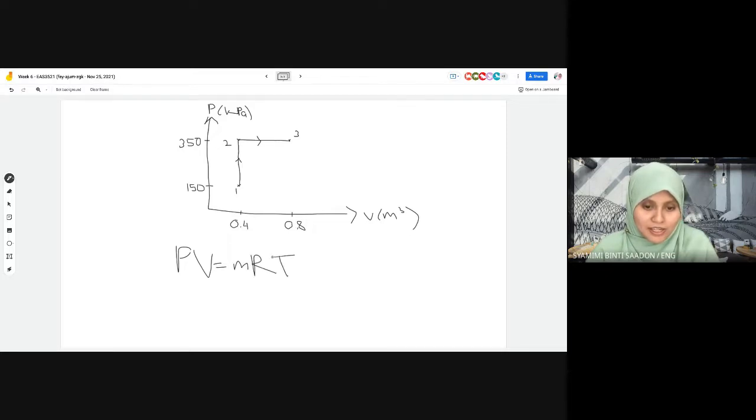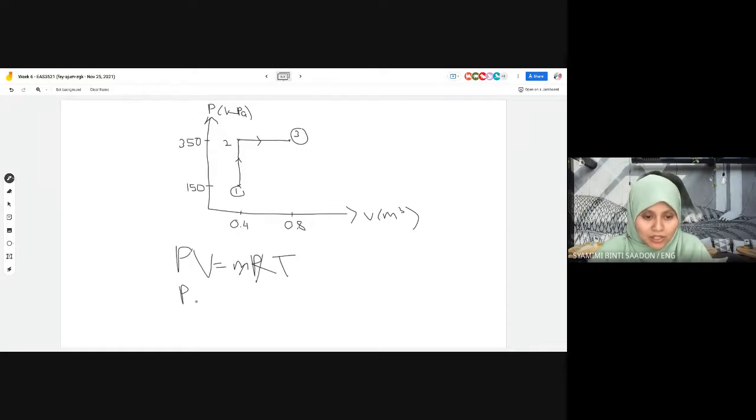This is the ideal gas equation of state, chapter 3, I think. Between state 1 and state 3, the mass is constant, and R, the gas constant, is also constant. So we can cut this.